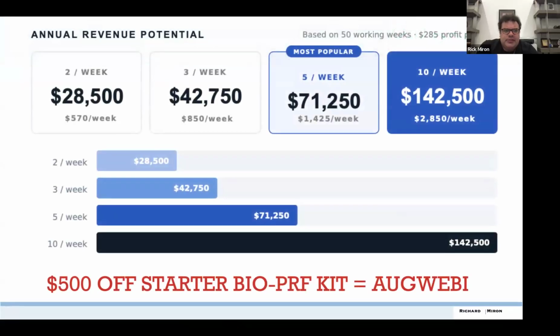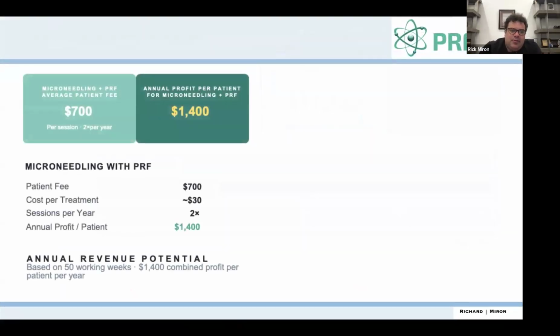So as I showed this slide, and we're at the very end now, in dentistry, if you do 2 treatments a week versus 3 versus 5, yes, you're going to add a lot of revenue to your practice doing Pure F in dentistry. There's no doubt many of you are probably already doing that. And when we do the exact same thing in the field of facial aesthetics, the difference is the treatments are a lot more expensive.